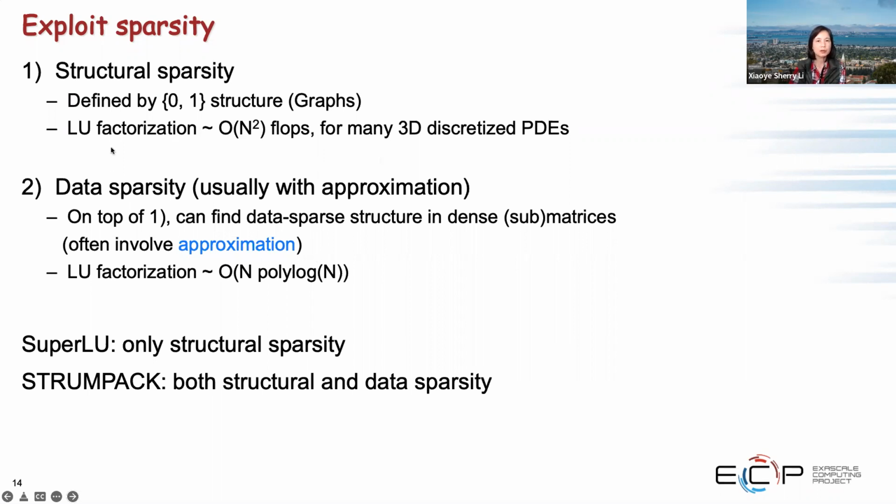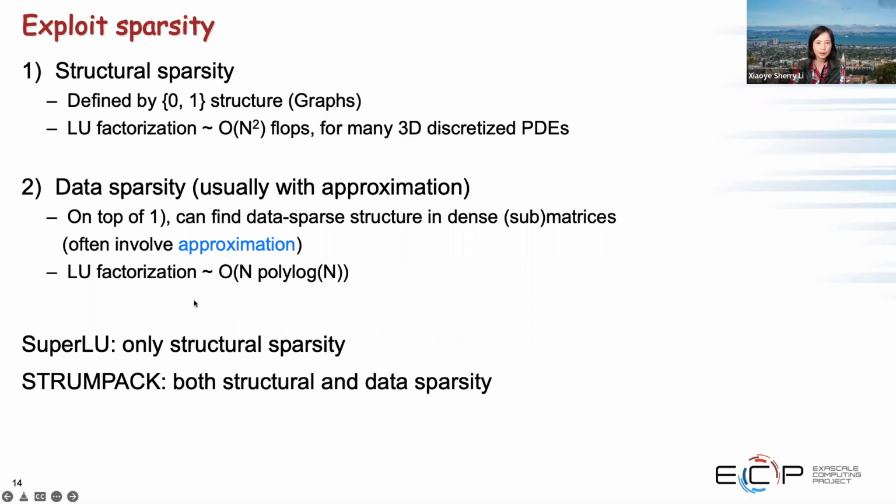But on top of this structural sparsity, you can also add data sparsity. Later, people started to realize you can do this also. And this involves approximation. So that's the whole STRUMPACK. A lot of these compression algorithms are, on top of structural sparsity, you do the data sparsity.